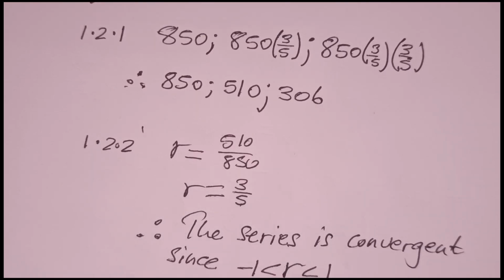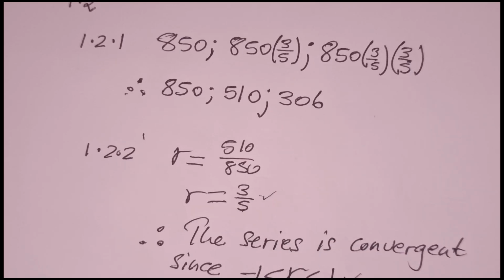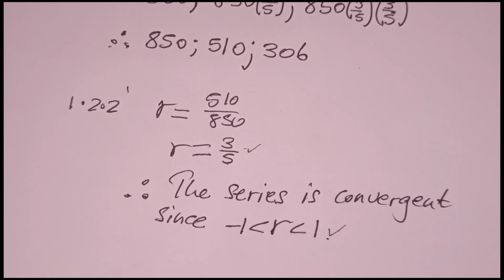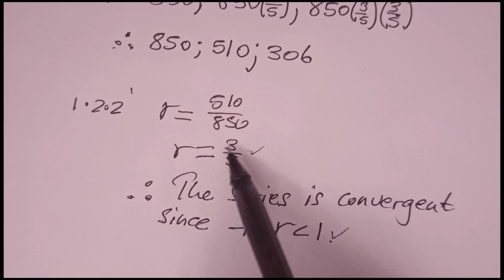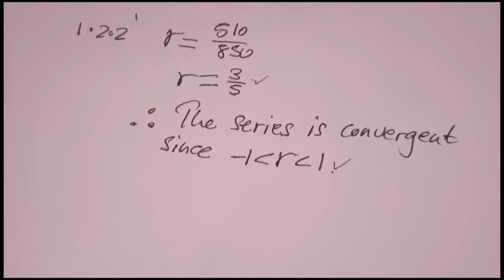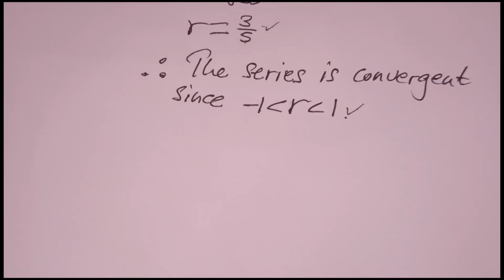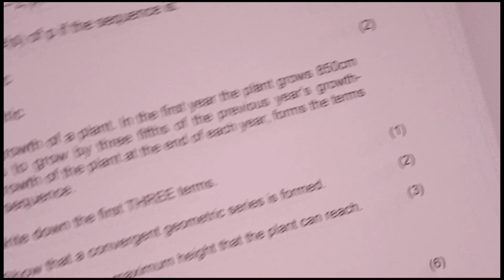That's it. You're going to get your mark there. The series is convergent because R lies between 1 and -1. This is 0.6. The common ratio, the constant ratio, must lie between -1 and 1. It must be greater than -1 but less than +1. And that's how you answer that particular question.